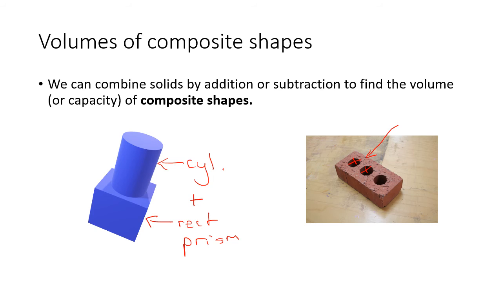But we might also be looking at a different question, which was, say we wanted to fill the brick with another substance in these holes, so we might also want to think about what the capacity of the holes was. So the holes themselves are cylinders, so the capacity of the holes would just be the sum of the three cylinders, whereas the volume of the clay required to make the brick would be the rectangular prism of the brick itself minus the three cylinders.